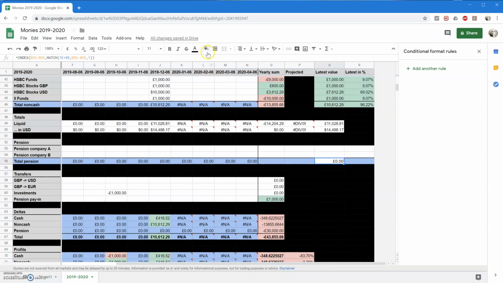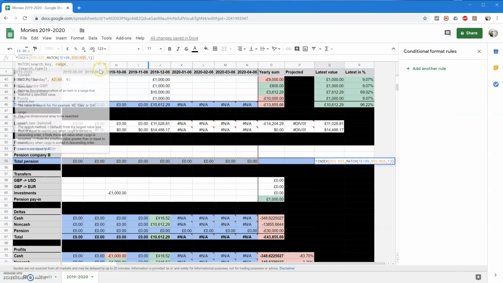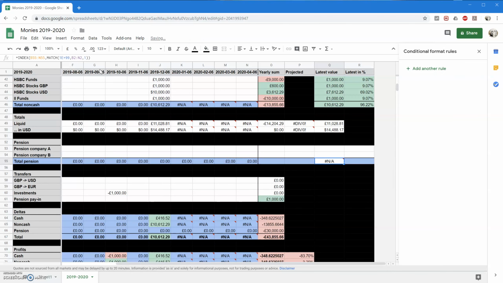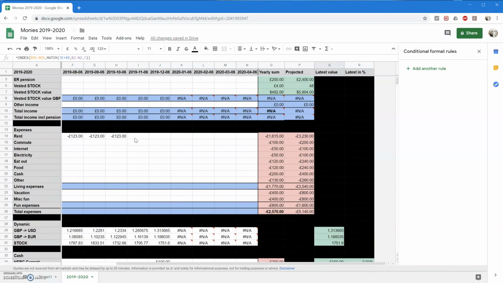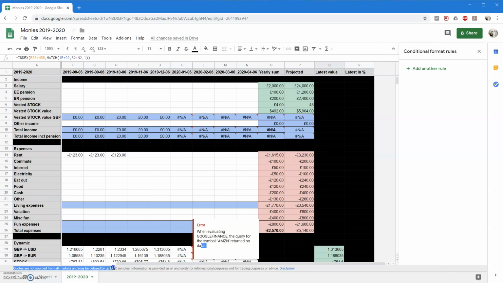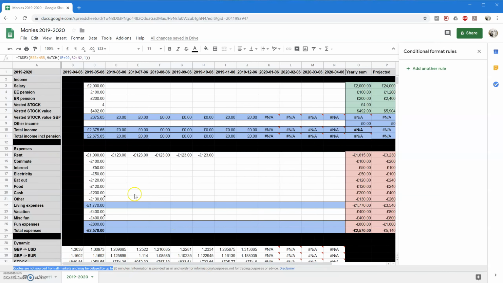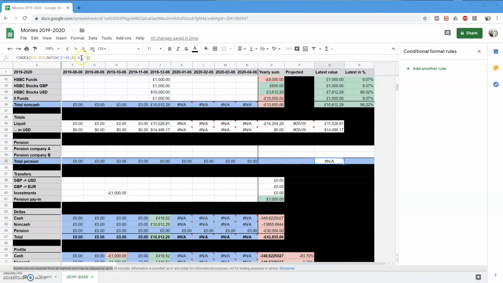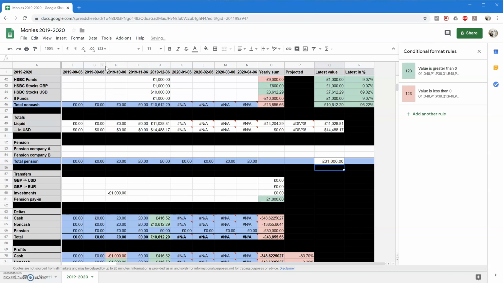I can do the match trick to get this right. B2 and 2. Is that not right? No. It's 3. That should do it. Color.